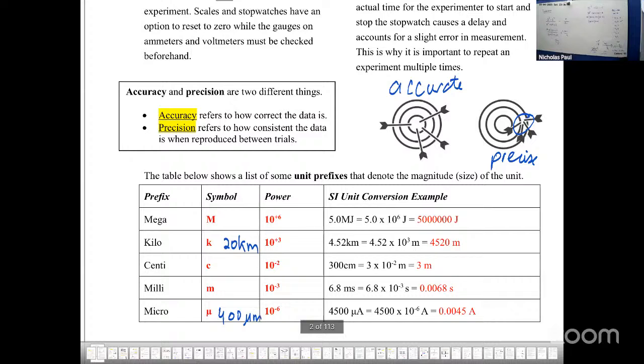Write it so you know what I'm talking about. Try now, find the area. I'm going to say use the prefix first, and then work it out.